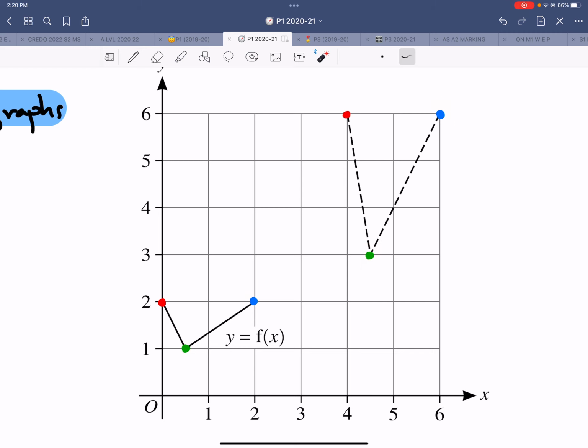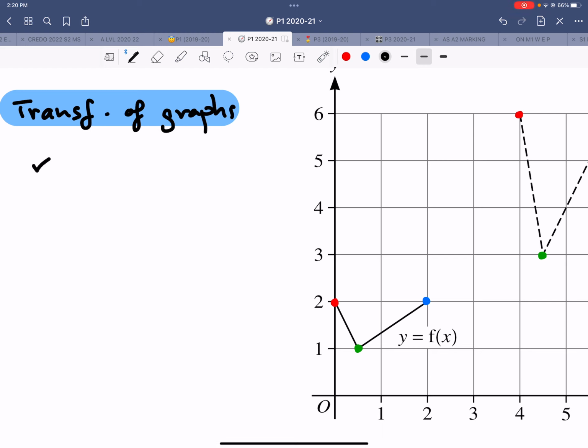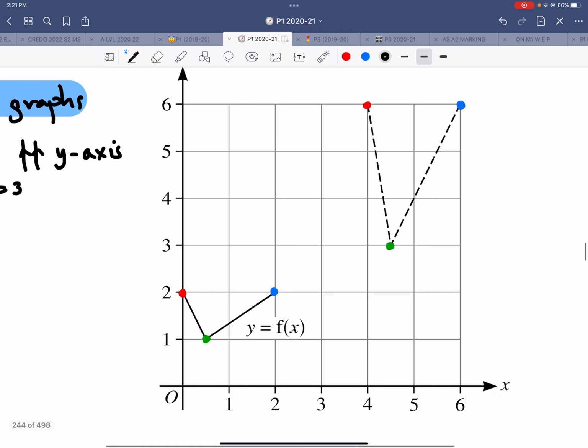So the first thing that I observe is that there is some kind of stretch parallel to the y-axis, and that stretch factor is 3 because it's being multiplied by 3. The second thing that I observe is that there is some kind of movement to the side.